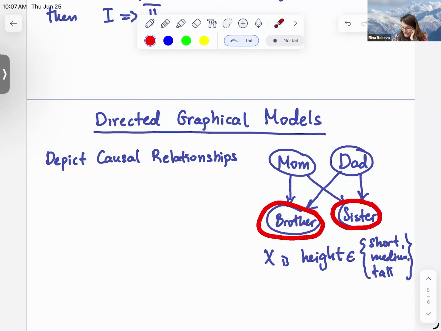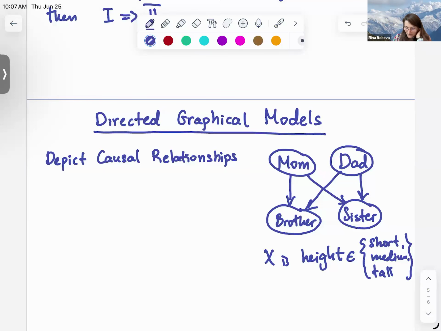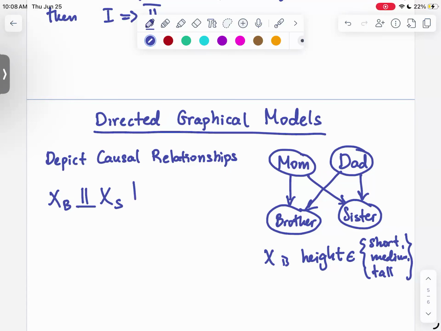So let's think about the height of the two siblings, XB and XS, the height of the brother and the height of the sister. Do you think that they're independent given something? For example, the height of the parents. Oh, given the height of the parents, right. Yes, exactly.